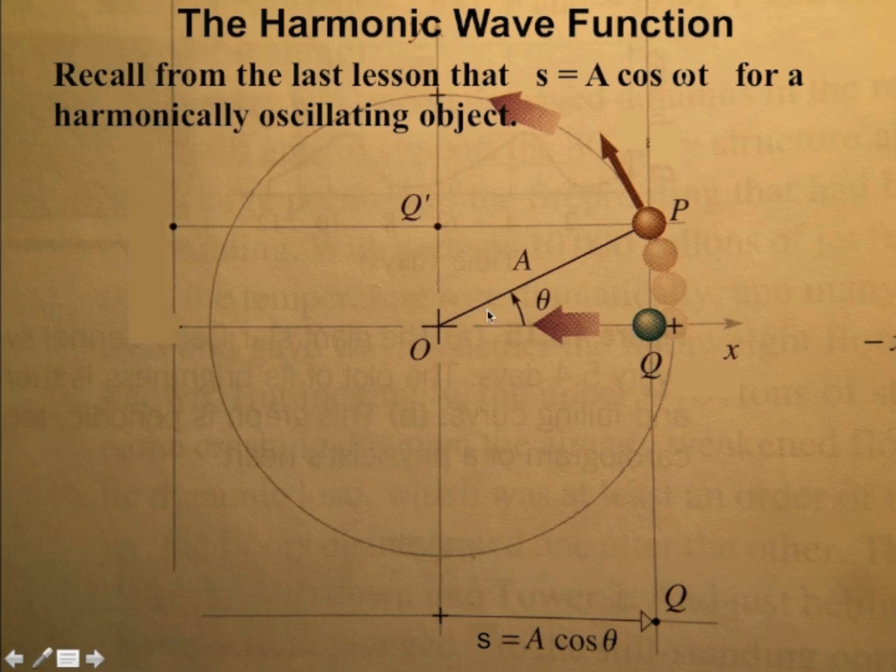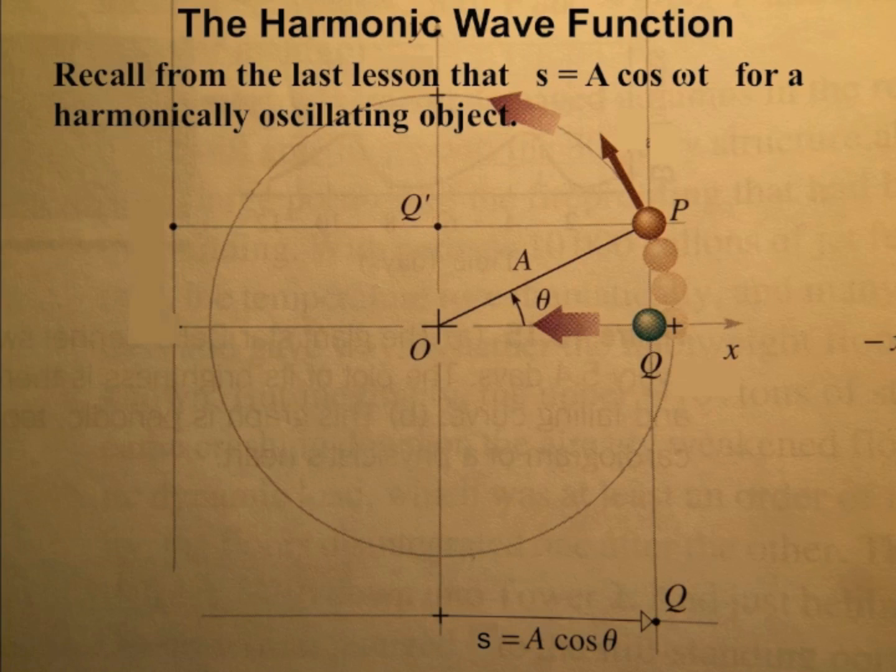Because if this is my right triangle, the triangle OPQ, well, theta is the acute angle there, and A, the hypotenuse, times cosine theta gives me this adjacent side OQ. All right, so we're going to use the same exact logic, the same exact trig to figure out what the heights are going to be.